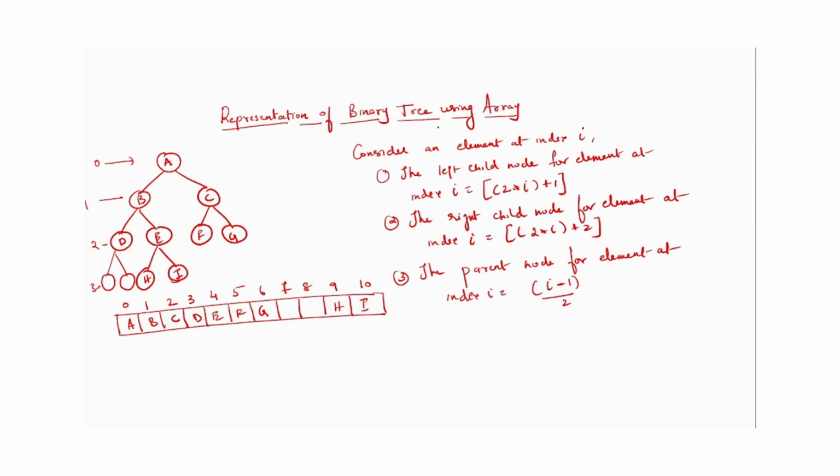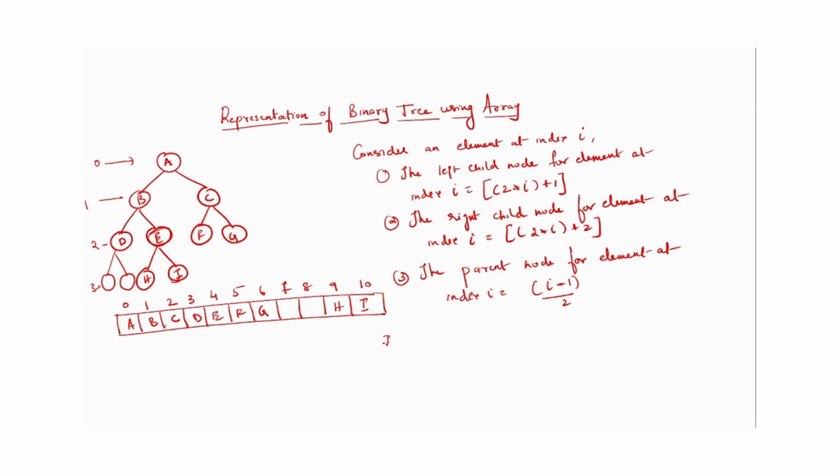Now if I consider an element at index i, for example, let us take the element E. Let us check where E is. E is at index 4, so i equals 4 here.